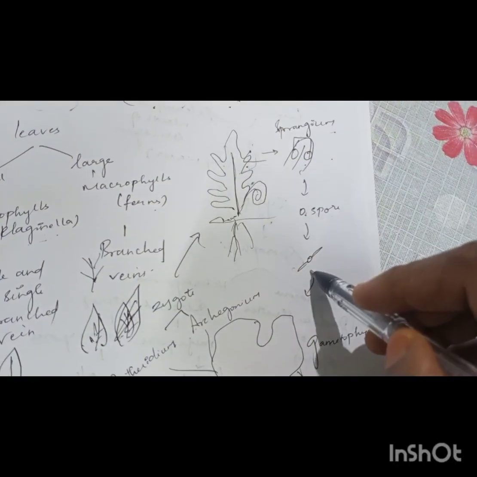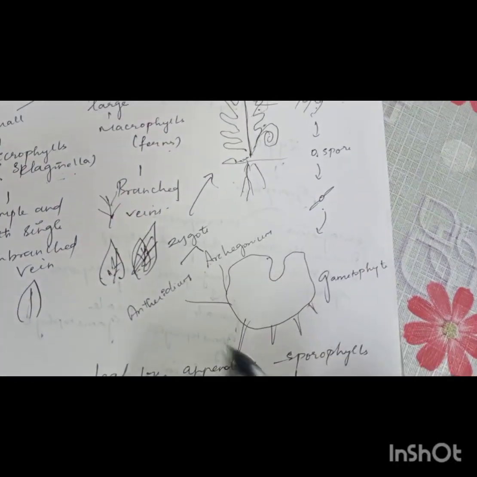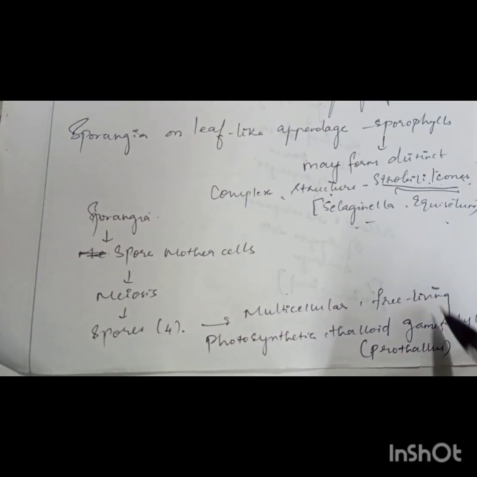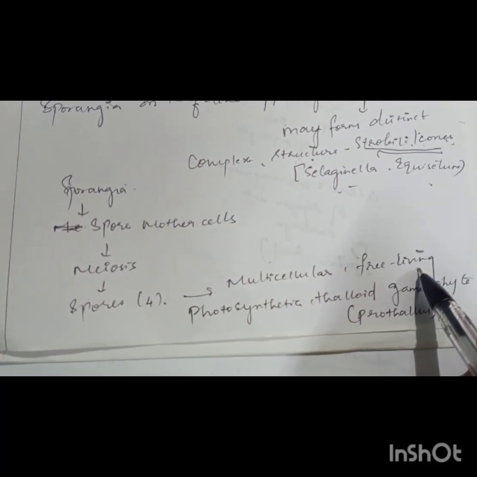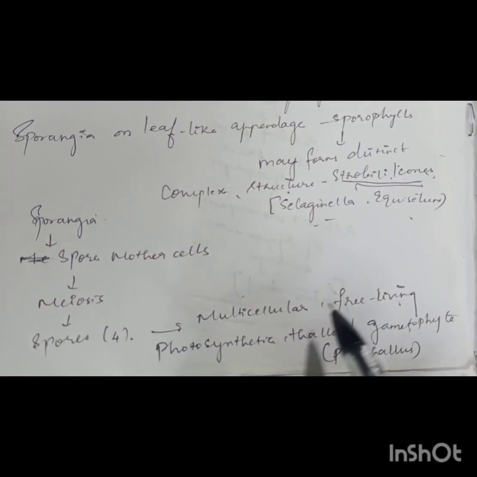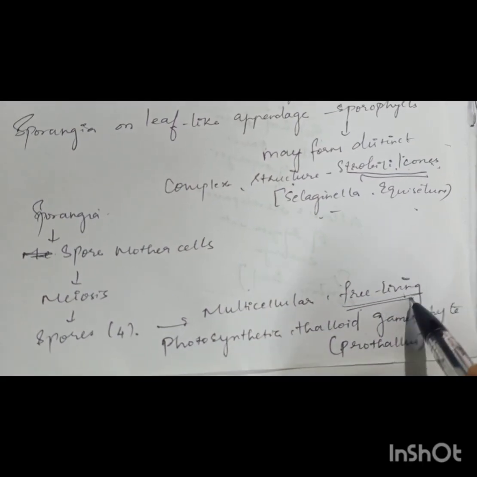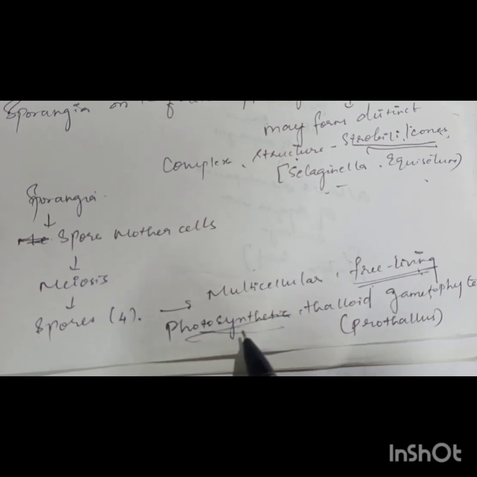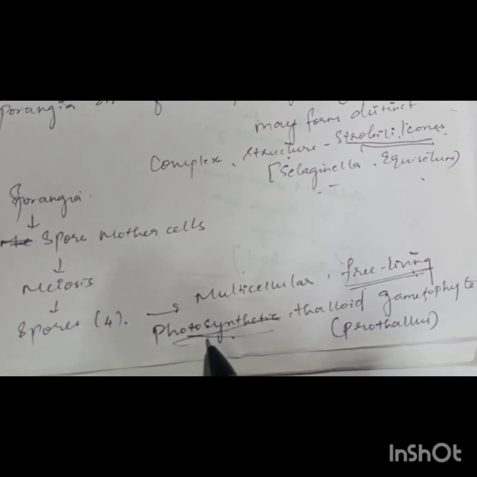So the spores will germinate into a gametophyte. How is the gametophyte described here? It is multicellular, so it has numerous cells, and it is free living. Here the sporophyte and gametophyte are not dependent. The gametophyte is free living and capable of food production, that is photosynthesis.